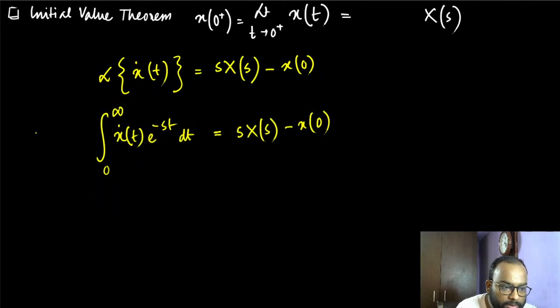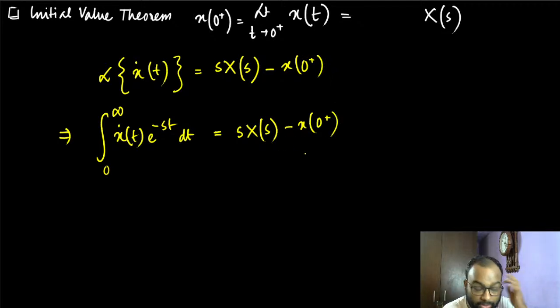Okay, so again we are taking the Laplace transform of the derivative of this thing, and here we have this. Once again not a problem. Now here we are just saying that this limit is going to be 0 plus. Once again we are ignoring the left hand limit, and as such we are just putting 0 plus here, because we know that if t is slightly less than 0, then this is also going to be 0.